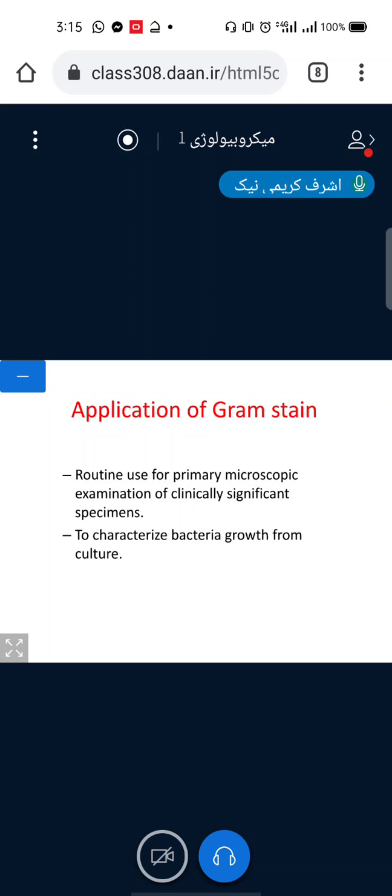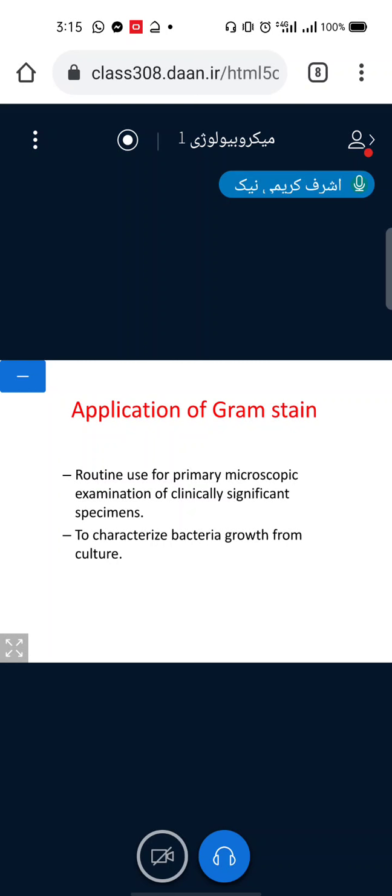When you work with bacteria, most of the time you do gram staining because you want to know the type of bacteria: is it gram positive or gram negative?